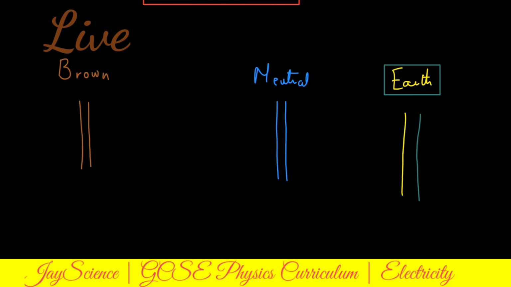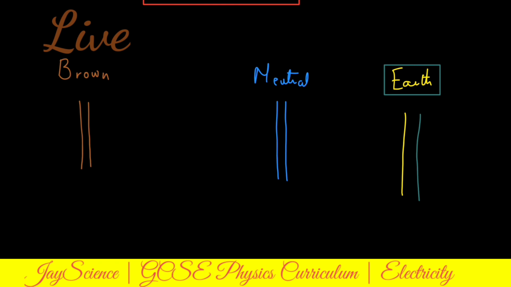Now, the live wire, which is the brown, carries alternating potential difference from the supply. And then the neutral is just there to make sure that we have a complete circuit. And then the earth is to guard against our appliance becoming live. Now, if you touch your refrigerator and you notice that you're getting electrical shocks, then you know that the earth wire is faulty.